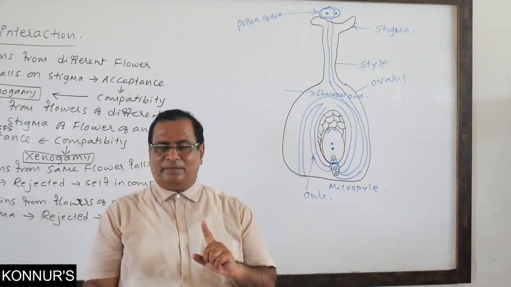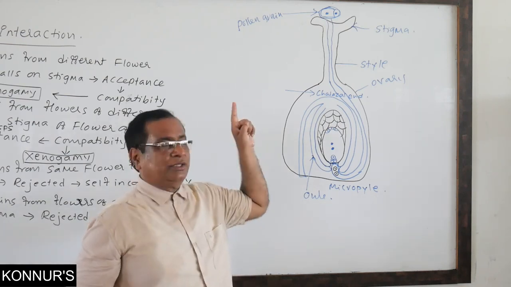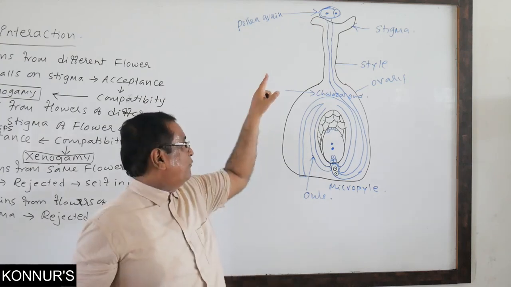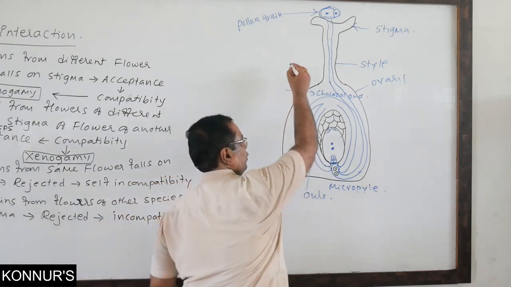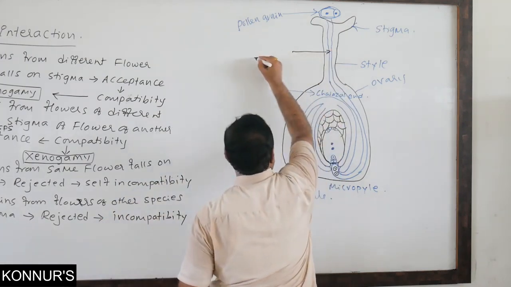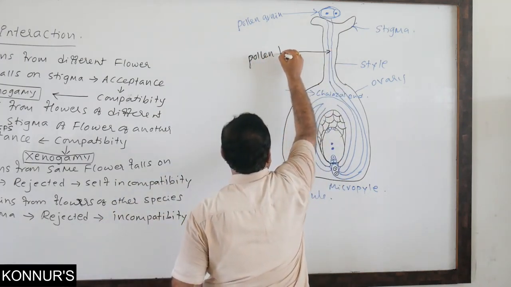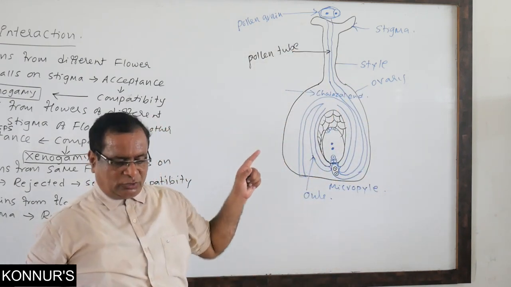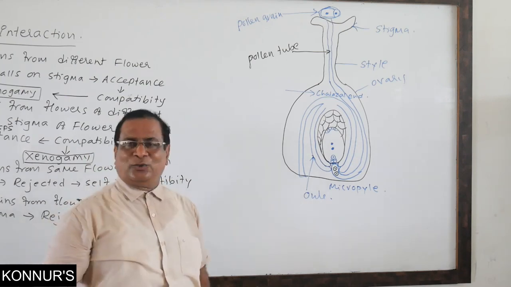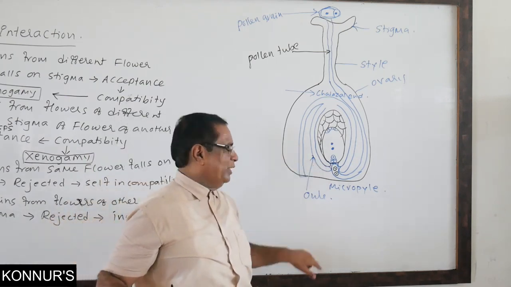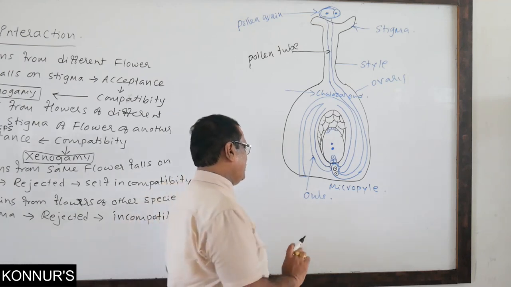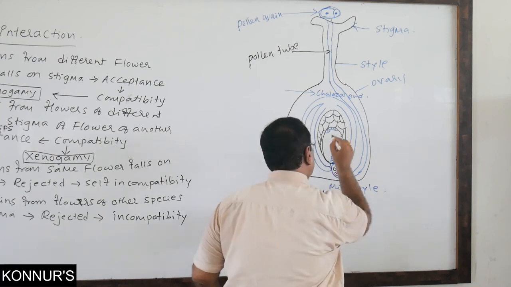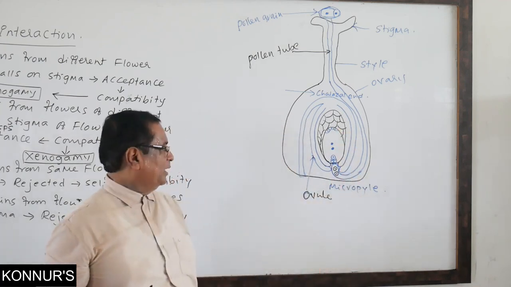If it is accepted, the germination of the pollen grain starts and a vegetative cell forms the pollen tube. This is the pollen tube. And this pollen tube pierces through the stigma, passes through the style and enters into the ovary, and finally it enters into the ovule.